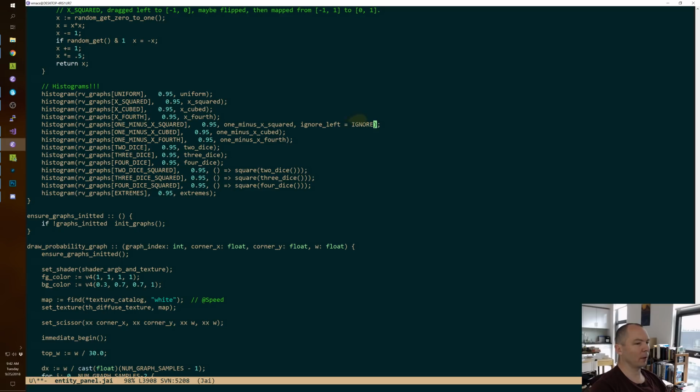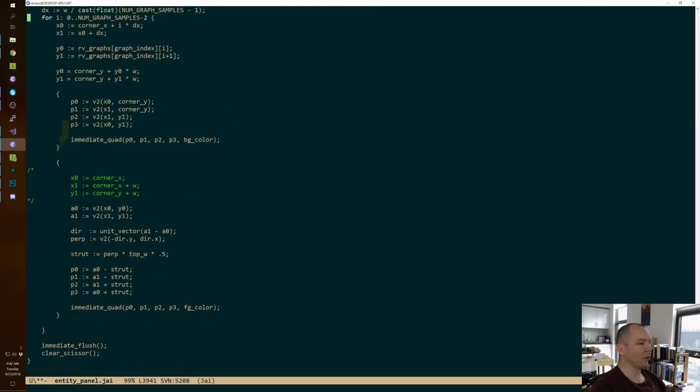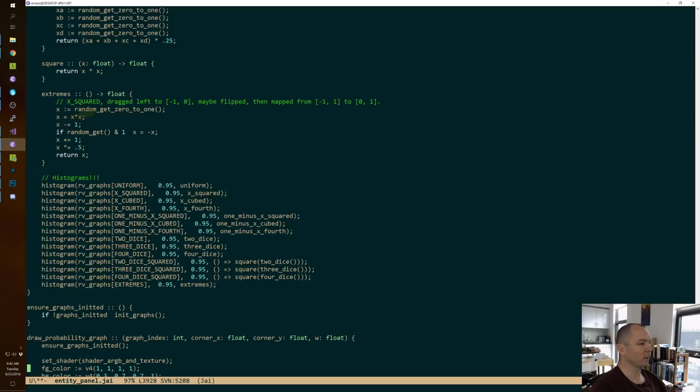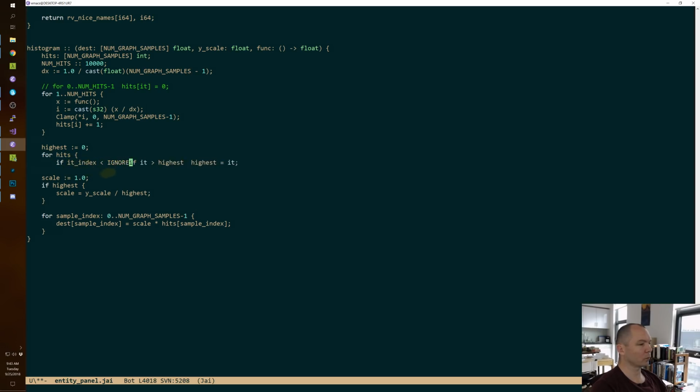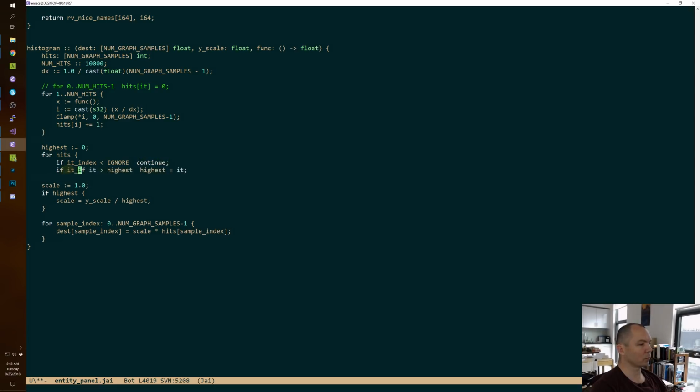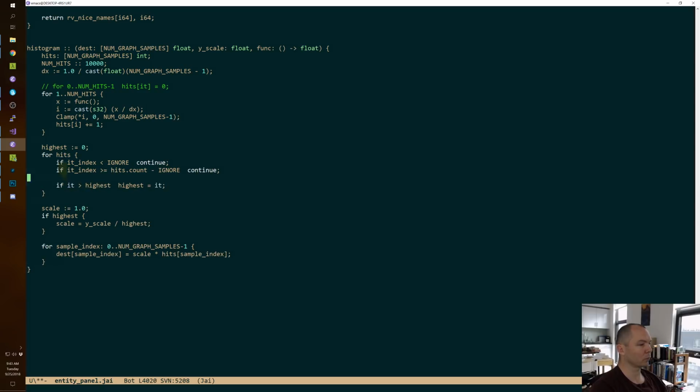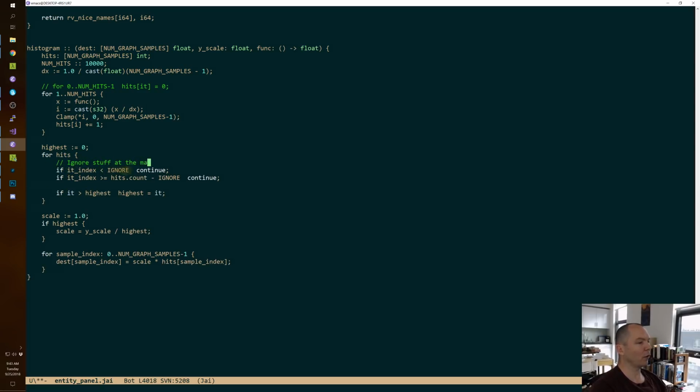In our histogram routine, ignore stuff at the margins so that our scale does not get crazy.